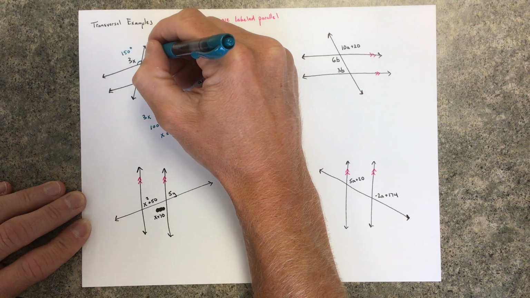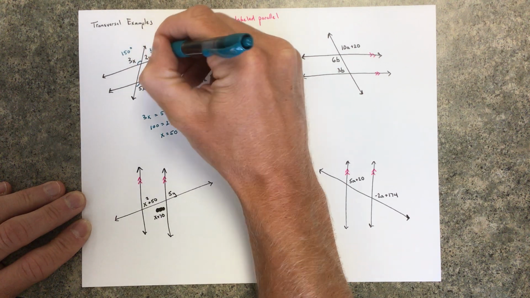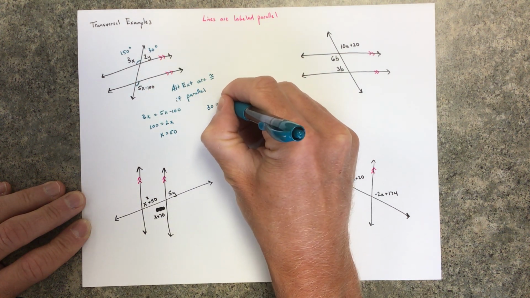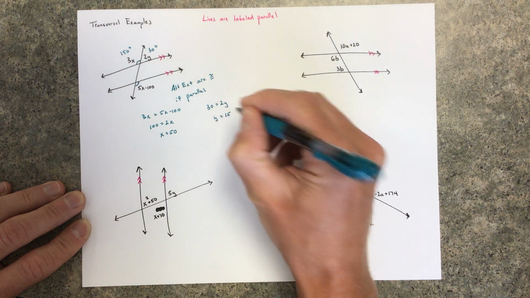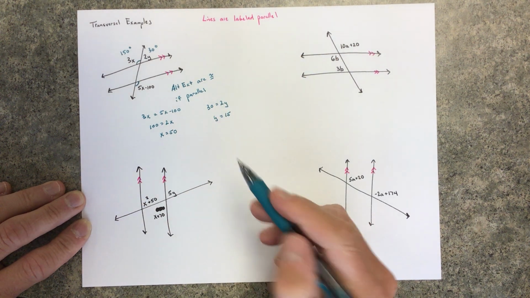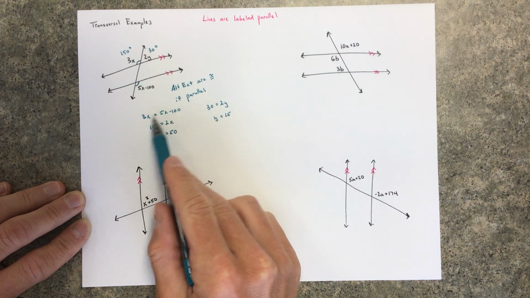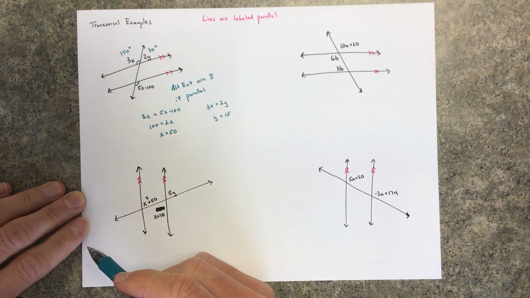So then I know this angle, because it's a linear pair with this, has to be 30. If I know that's 30, I can set 30 equal to the expression 2y, and then I get y is 15. Again, alternate exteriors are congruent, which is why I was allowed to set them equal to each other if the lines are parallel, and I know the lines are parallel.